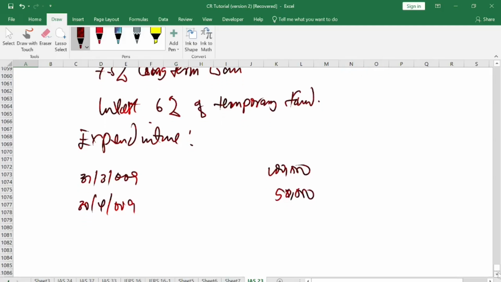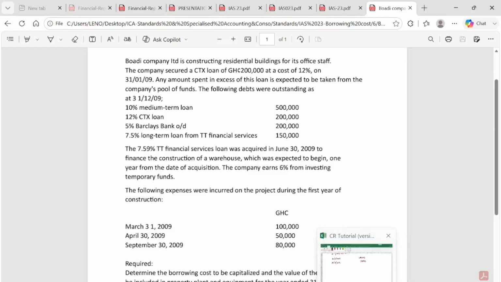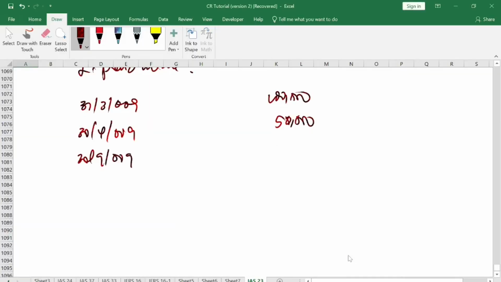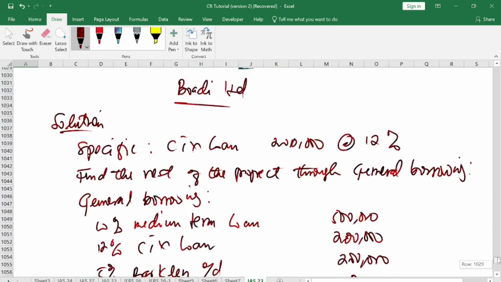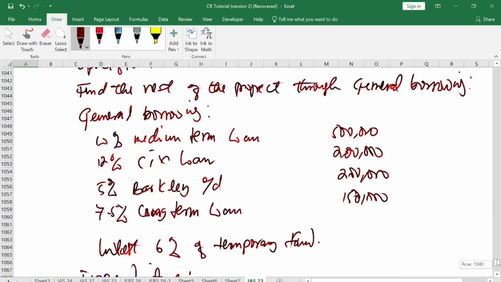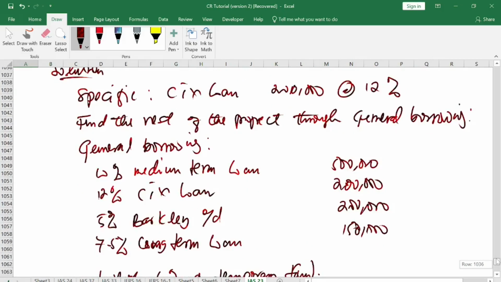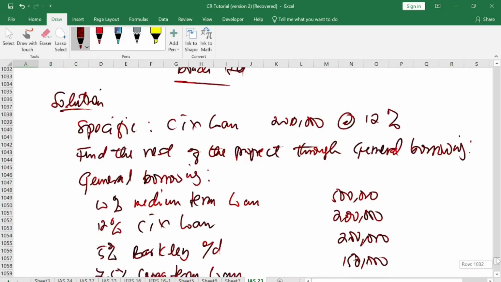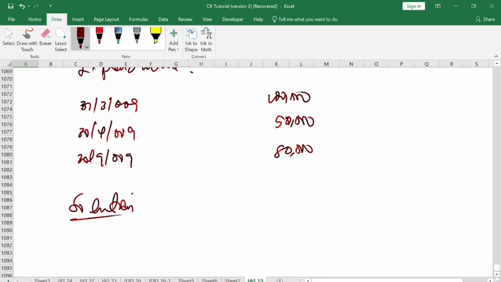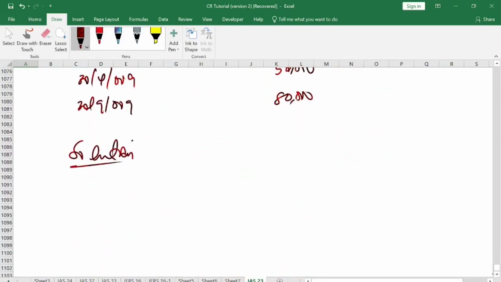And then lastly, September 30th 2009, 80,000. Now, solution. How do you go about it? If you want to know the total cost of a project, and there is no actual cost given, they didn't give you the total cost of the project, look at the project expenditure.